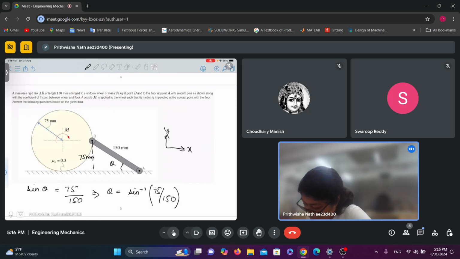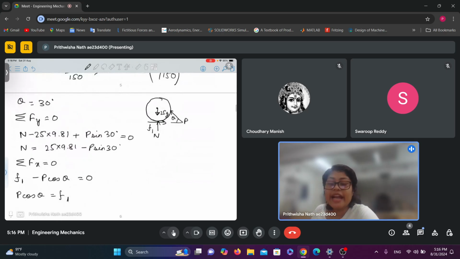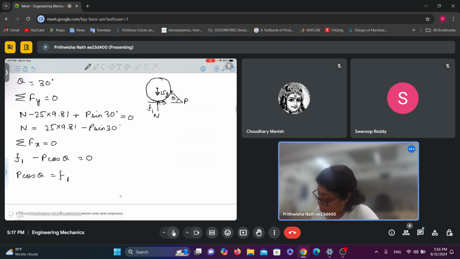Here it is mentioned that the motion is impending, right? So I can write F1 as mu s times the normal force. So P cos theta equals mu s into normal force. So P equals mu s into normal force by cos 30 degree.